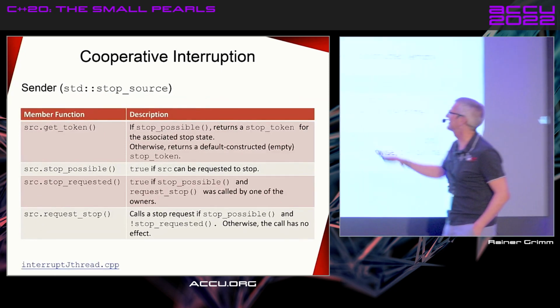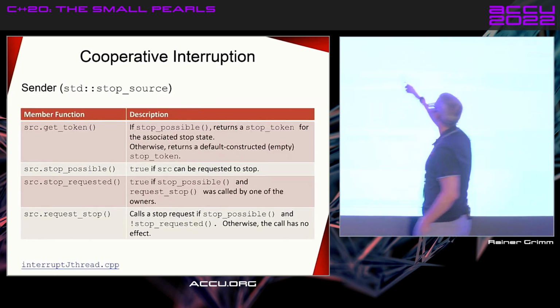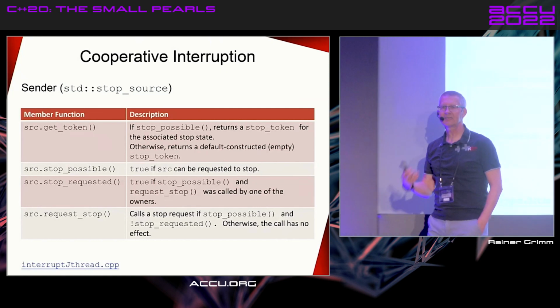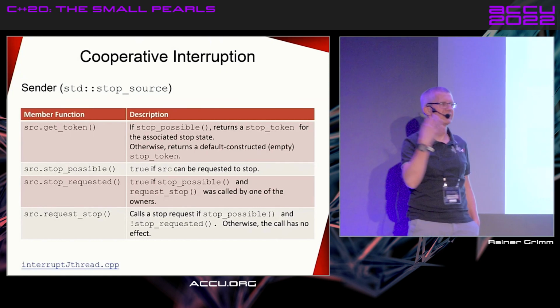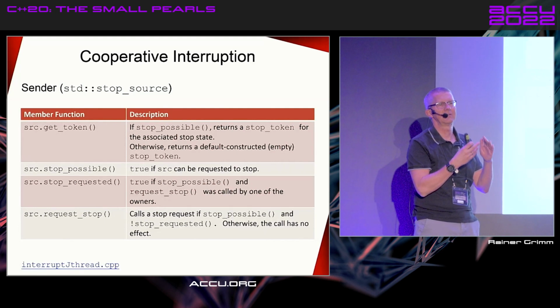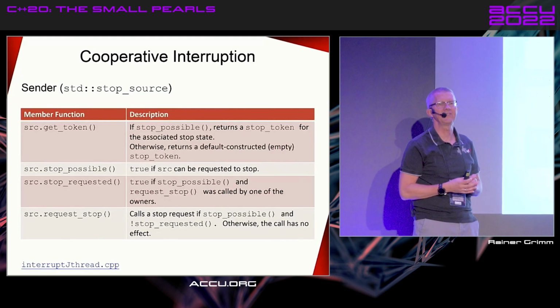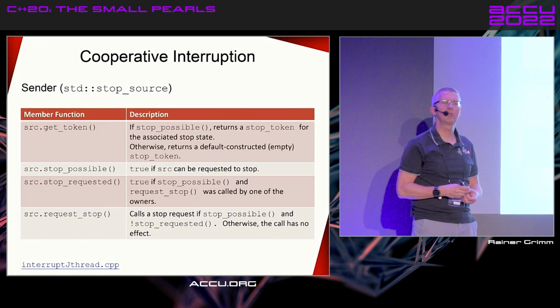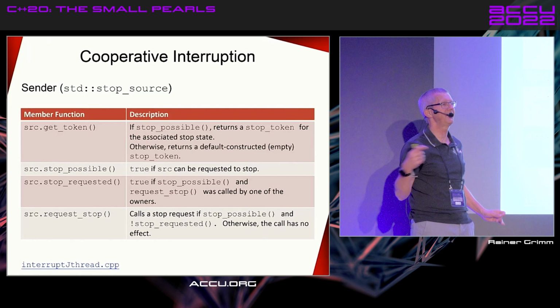We have a stop source. This is get_token. This creates a token out of a stop source. Do you remember this syntax from something we have had since C++11? This looks or feels similar to a promise-future pair. Really similar. We have here, it's called get_future.